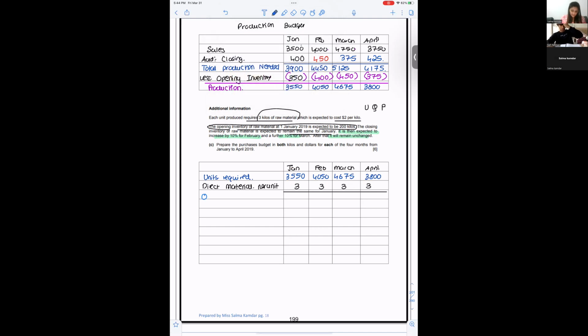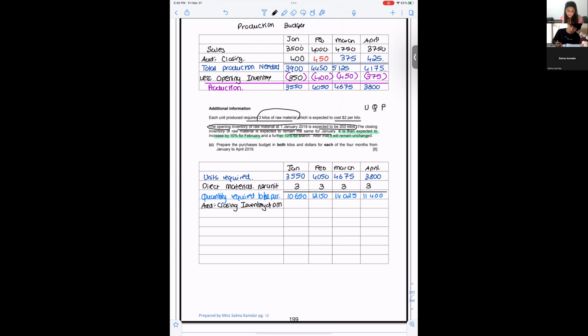The quantity required to be purchased. Now add the closing inventory of material.